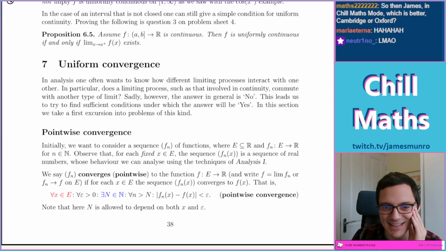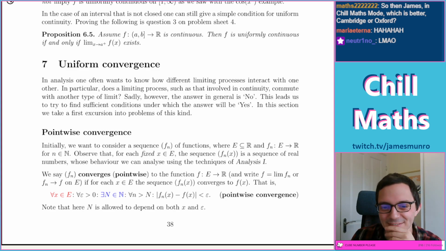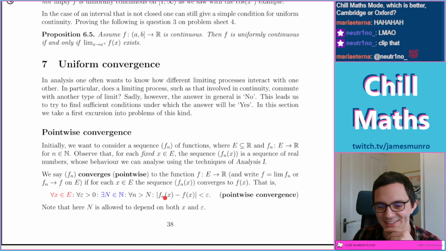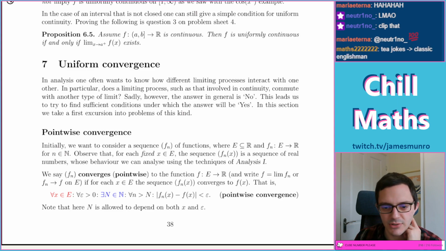Excellent. Right. Okay, different limiting processes. Yes, good. Okay. Pointwise convergence. Pointwise, if they move inwards, these functions are getting close. And for all x outside here, a kind of global thing, such that, okay, does it for all x at the same time, right?